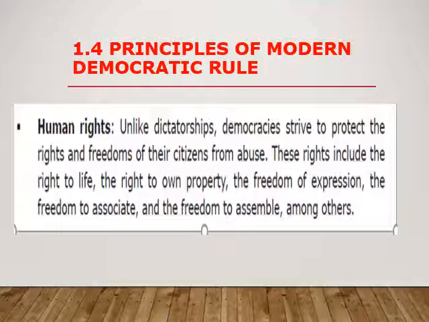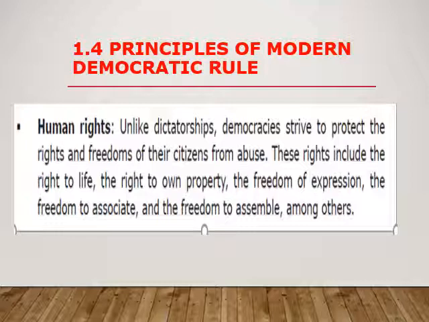Unlike dictatorships, democracies strive to protect the rights and freedoms of their citizens from abuse. These rights include, for example, the right to live, the right to own property, the freedom of expression, the freedom of speech, the freedom to associate, the freedom to assemble, the freedom to follow whatever religion you want.